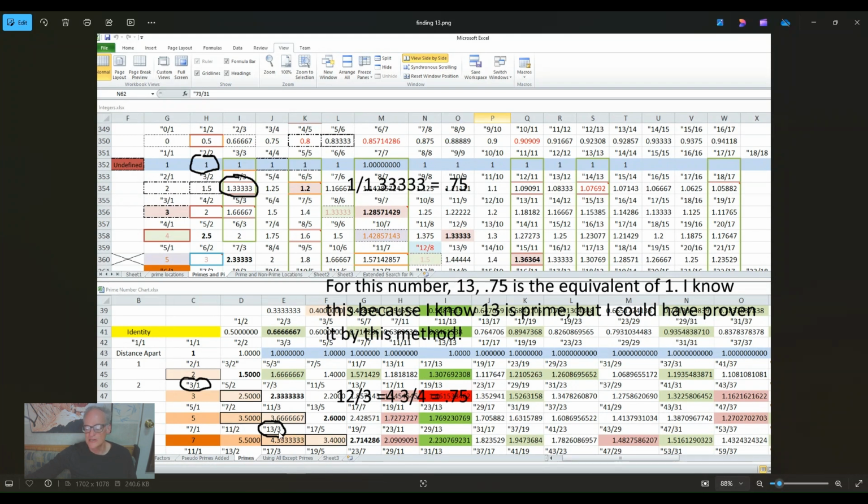We're trying to find the next prime. We found 11, so we're looking for the next prime. Let's try 12. That's the very next number. 12 divided by 3 doesn't work because that equals 0.75. If we use that and plug that in here, 3 divided by 4 is 0.75.